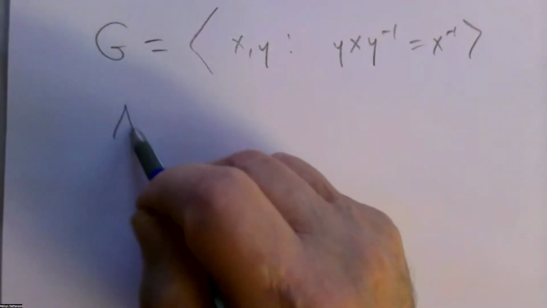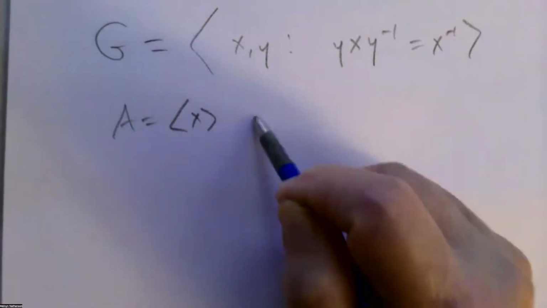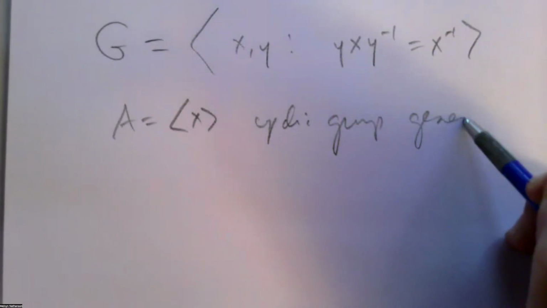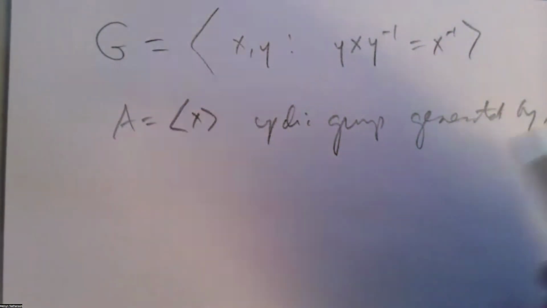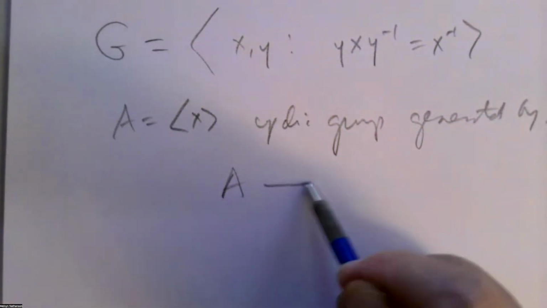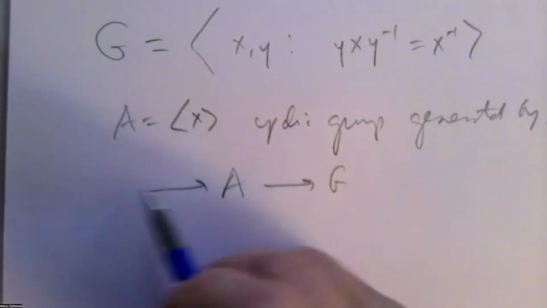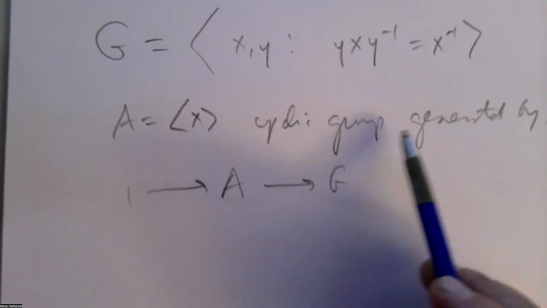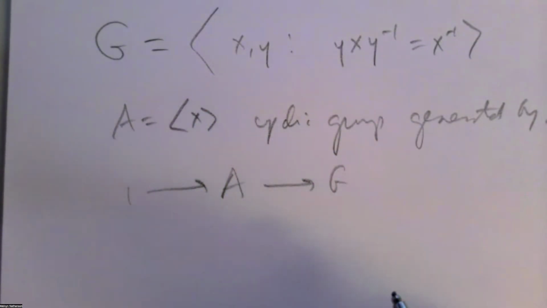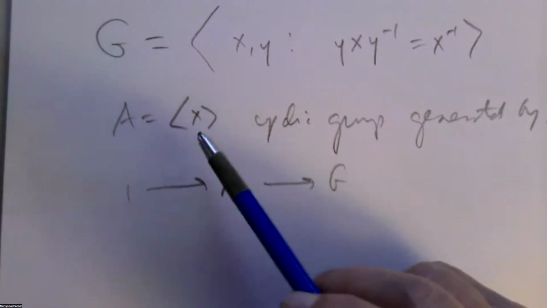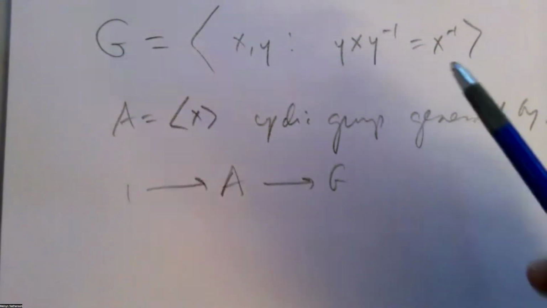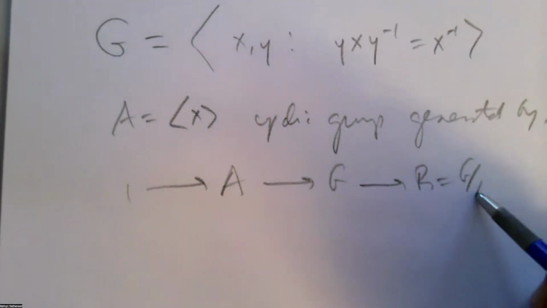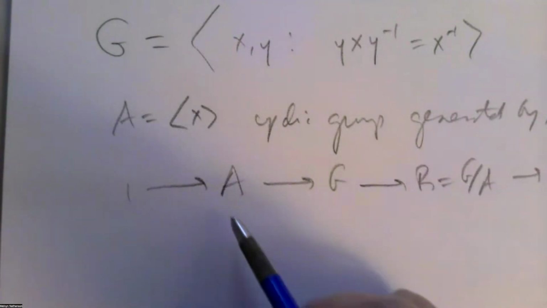If I let A be the cyclic subgroup generated by x, then A is certainly a normal subgroup of G, because if you conjugate x by y, you stay in the cyclic subgroup. And if you want, you can let this be G mod A. So we have the short exact sequence.